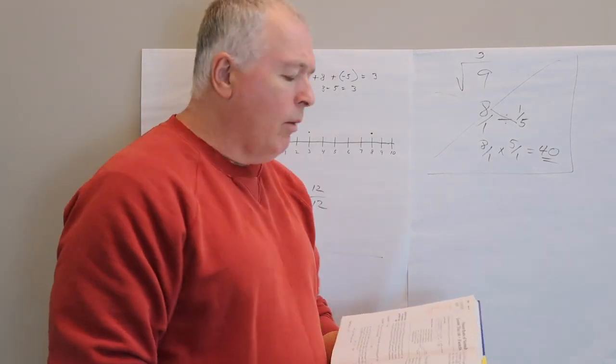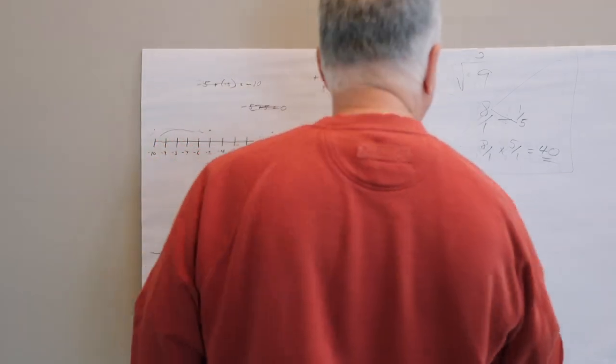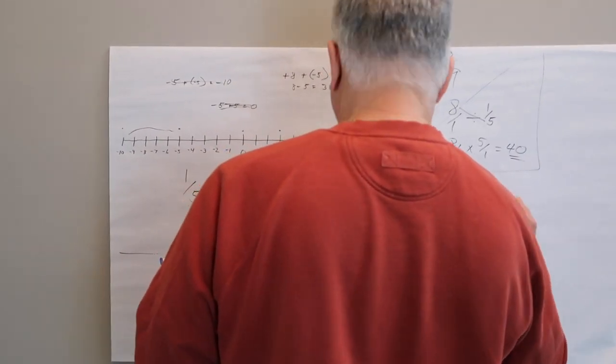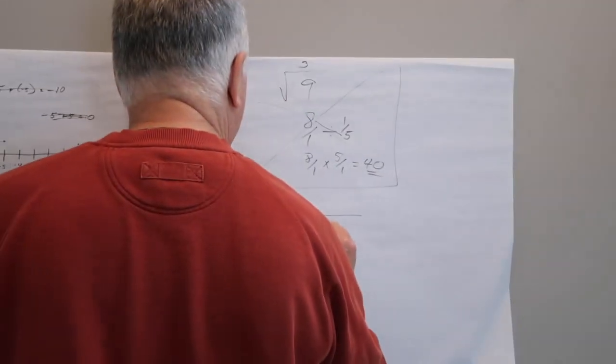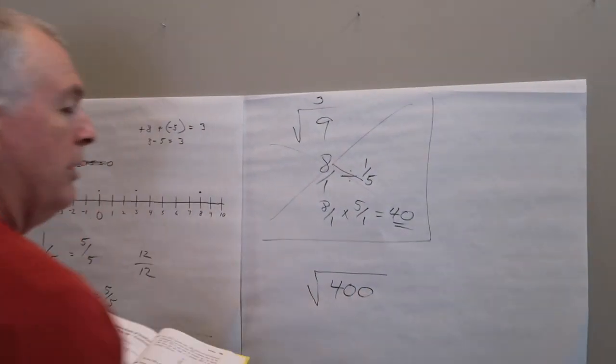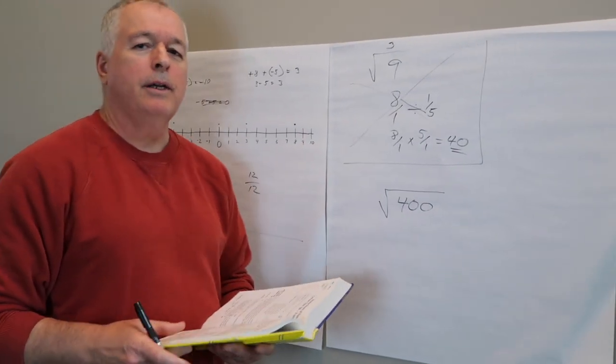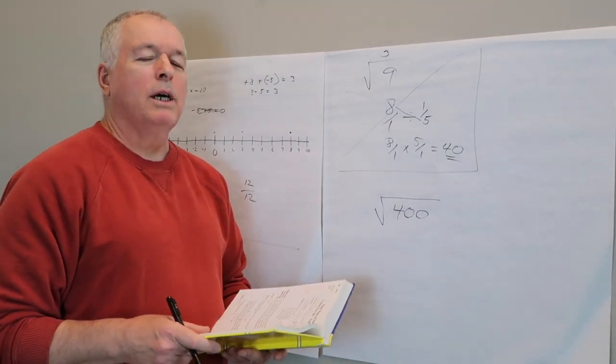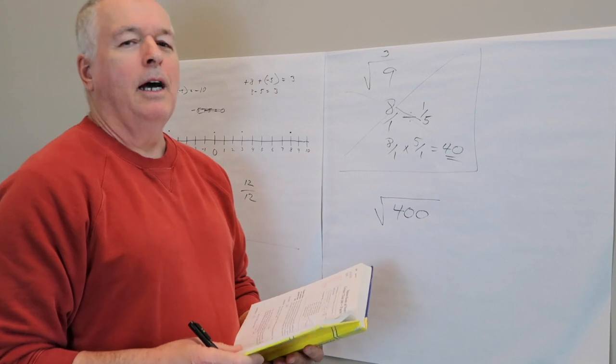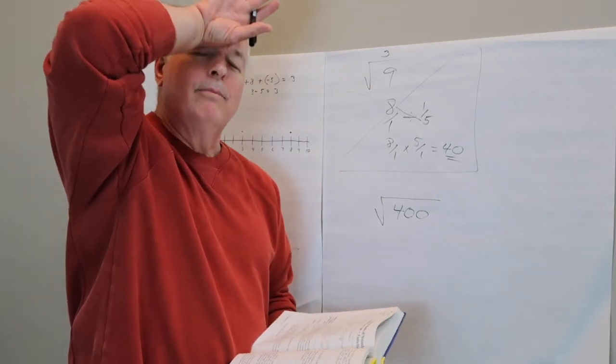So now what if you get hit with something like the square root of 400? And you're going to be like, oh, I don't know what to do, Mr. Hedrick. I'm going to put a question mark there and pretend like I can't do it myself.